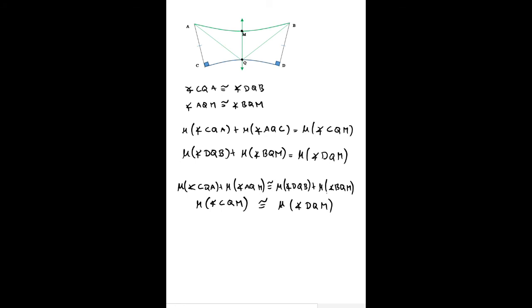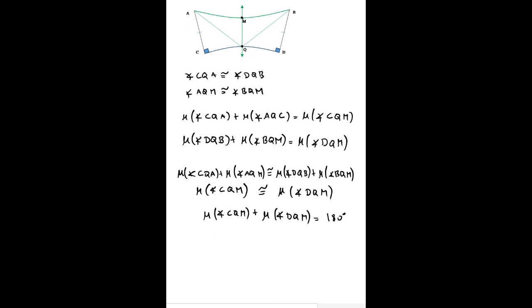In the same way we proved that AMQ and BMQ were 90-degree angles, we look at the line down here, the base, and this also forms a linear pair of angles. Therefore, the measure of angle CQM plus the measure of angle DQM equals 180 degrees by the linear pair theorem.